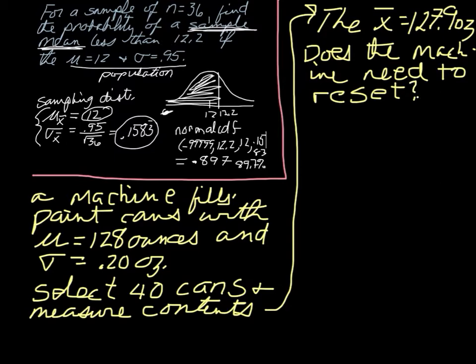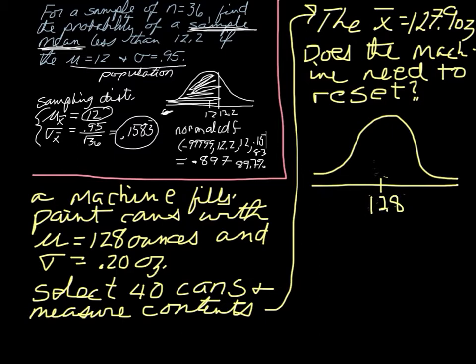And so let's think about this problem in a statistical way. Suppose we had a sampling distribution, and we know that the mean of that sampling distribution is 128 ounces.